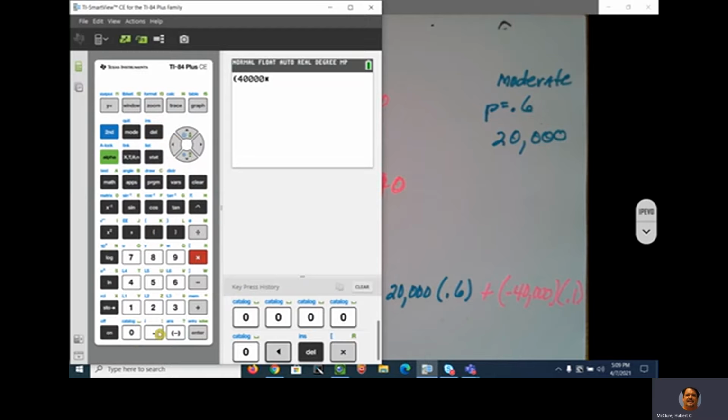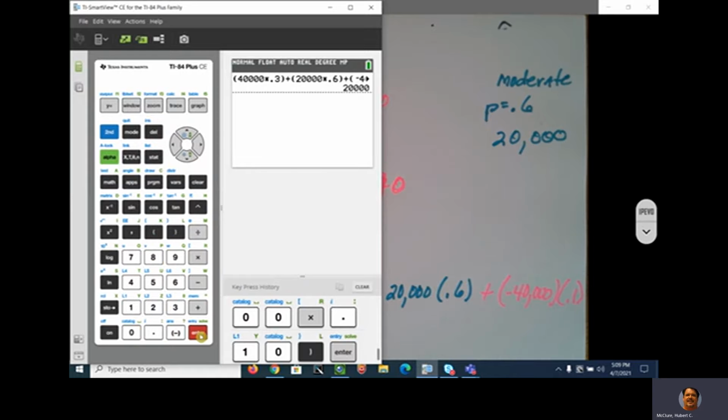Times 0.3, close parentheses, plus parentheses, 20,000 times 0.6, close parentheses, plus negative 40,000 times 0.1 or 0.10.